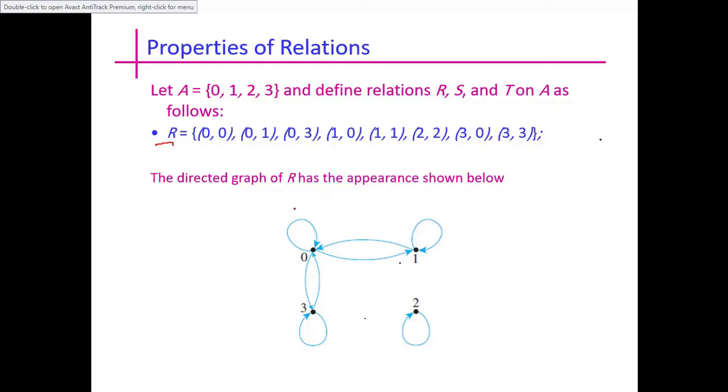So here is the digraph corresponding to the given relation R. Now we can see that 0 is related to 1 and 1 is related to 0, and what we need to show is that 0 must be related to 0. For the transitive law we must check that if a is related to b and b is related to c, it implies a is related to c.